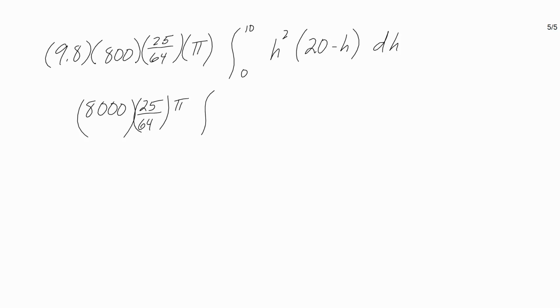I'll go ahead and take the antiderivative, multiplied by 20h cubed over 3 minus h to the fourth over 4. Y'all check me. From 0 to 10.